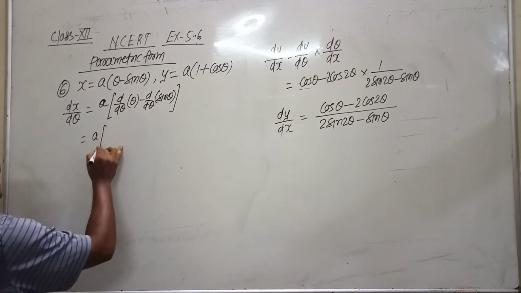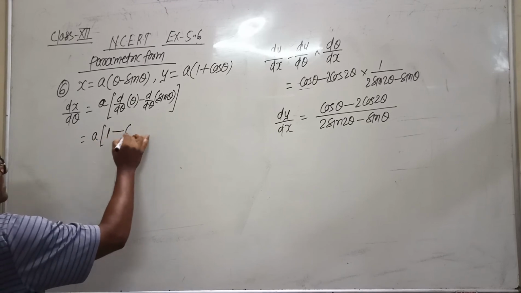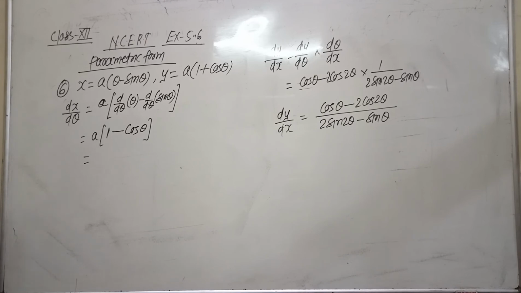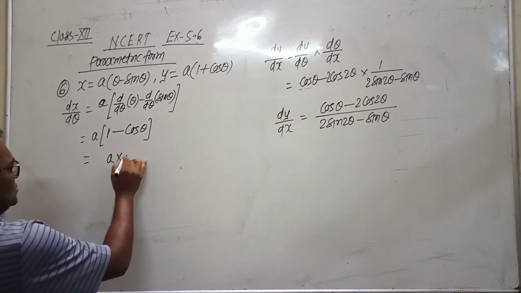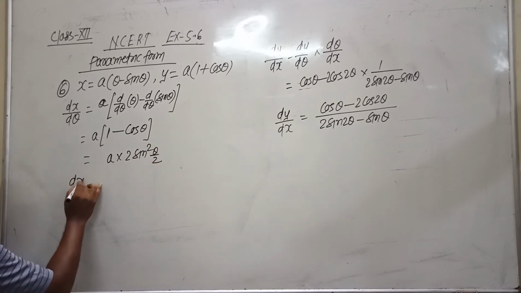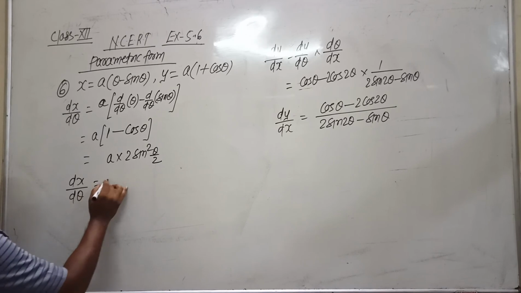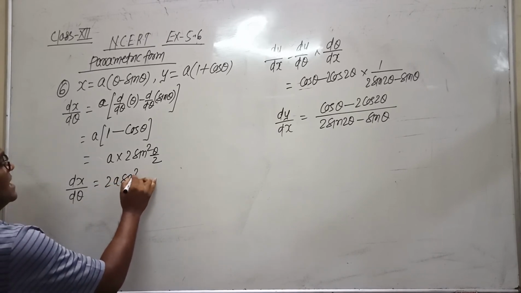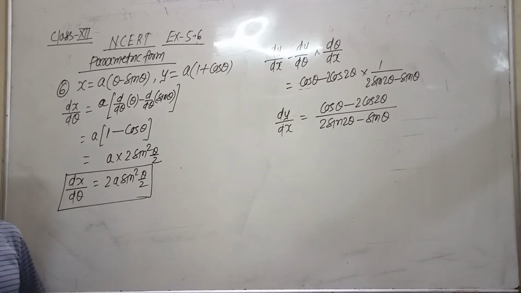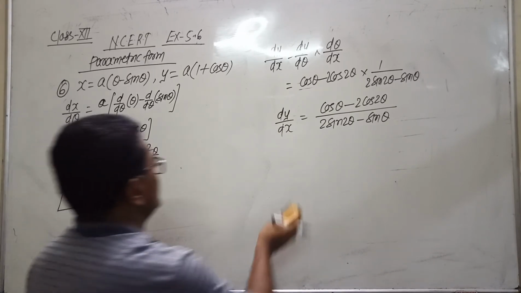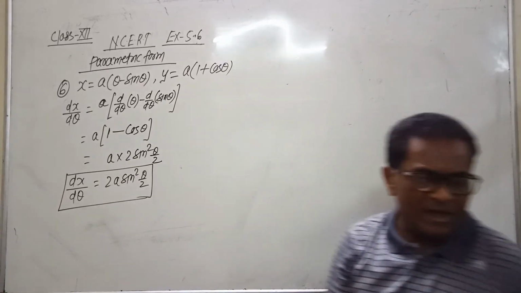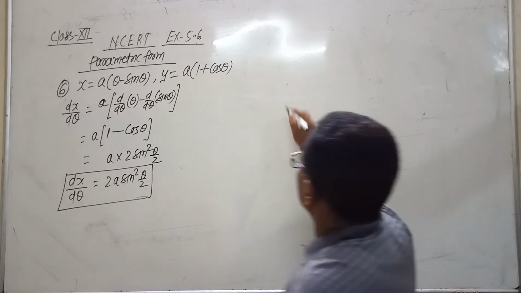The differentiation of theta is 1 and differentiation of sin theta is cos theta, and the formula for 1 minus cos theta is 2 sin square theta by 2. So we get dx by d theta equals 2a sin square theta by 2. This is the value of dx by d theta.